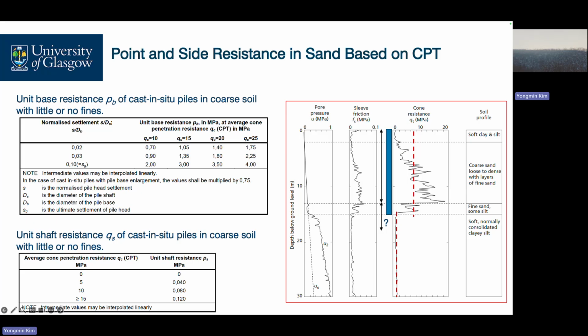And then skin friction, fs, is 300 kilopascal. And then end bearing is 800 kilopascal. Given your certain conditions, times pi, D, L. This is your shaft resistance in kilonewton.